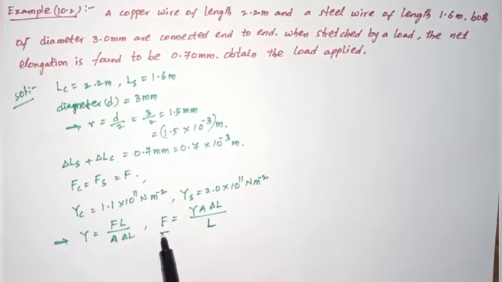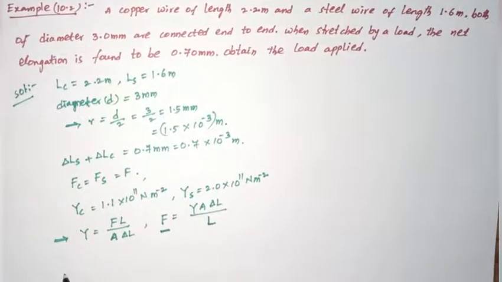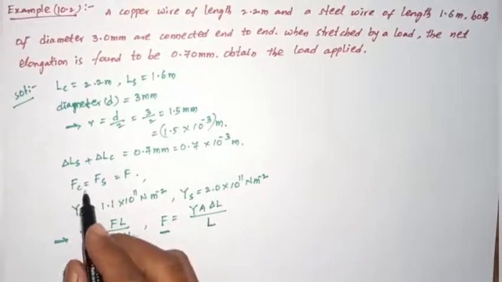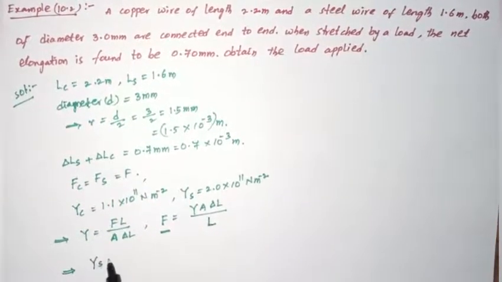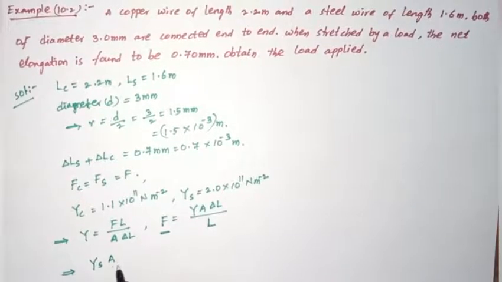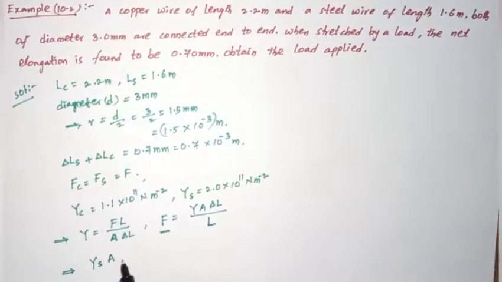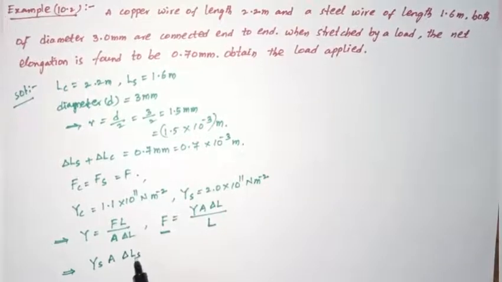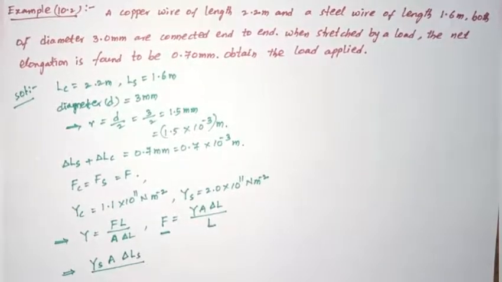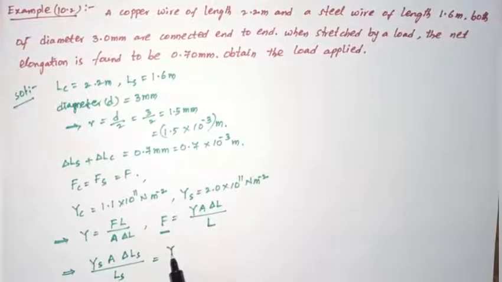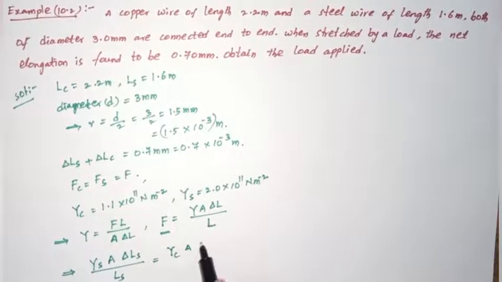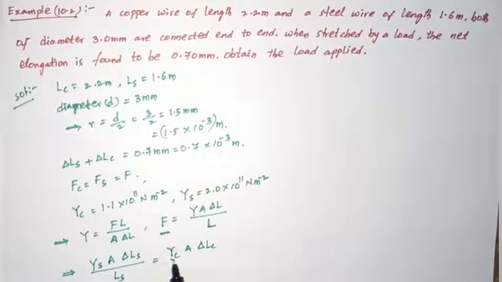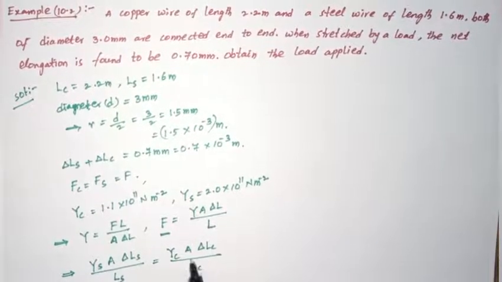Then we can find the force. Here Fc equals Fs, so we can write directly Ys, the diameter is the same so the area is also the same, delta Ls by Ls equals Yc area delta Lc by Lc.